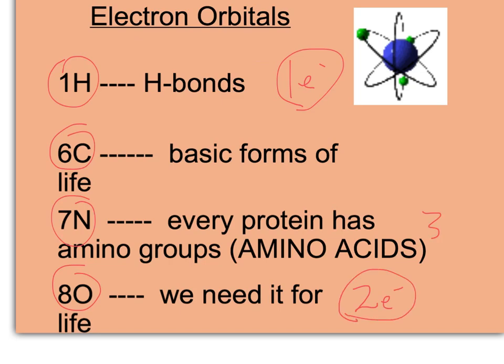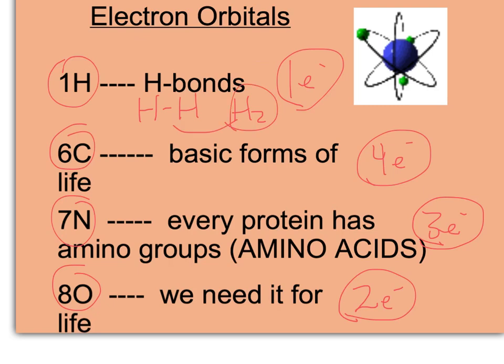You need 3 electrons to fill nitrogen. And you need 4 electrons to fill carbon. And what this generally means is that that's the number of bonds that each of these atoms can make with other elements. So you can make a molecule called hydrogen, HH or H2. And the line that I drew here is a covalent bond.